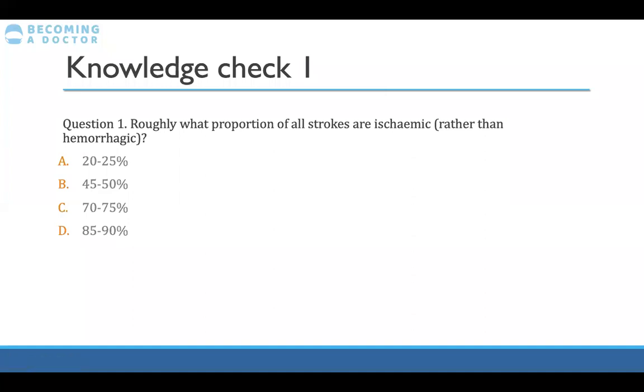Roughly what proportion of all strokes are ischemic rather than hemorrhagic? Okay, I've got 9 votes out of 23. I'd like a few more. Okay, I'm going to give 5 seconds for people to answer.